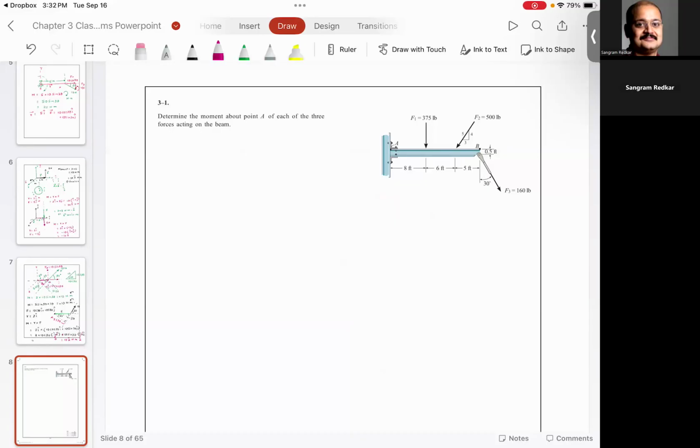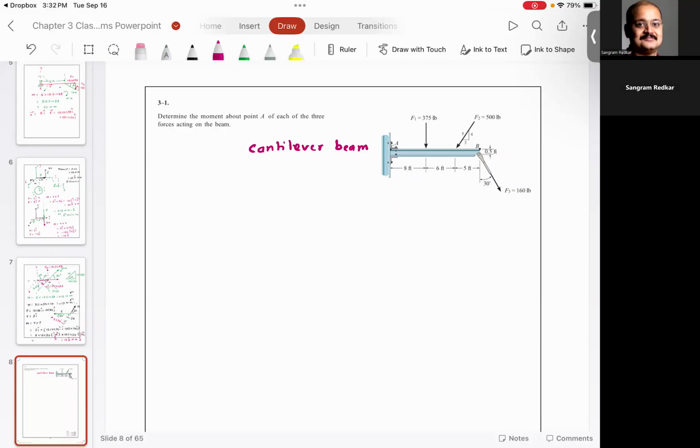This is called the cantilever beam. Now, why is it called the cantilever beam? Cantilever beam means you have all the forces acting on the beam, and one side of the beam is held fixed.